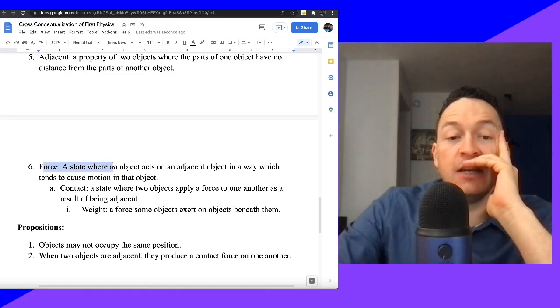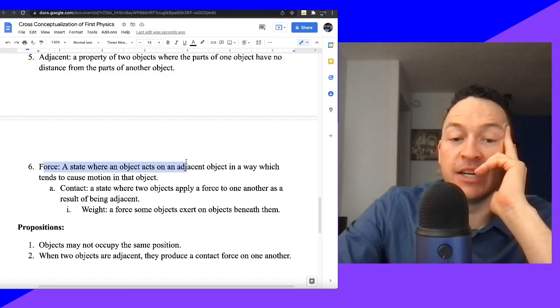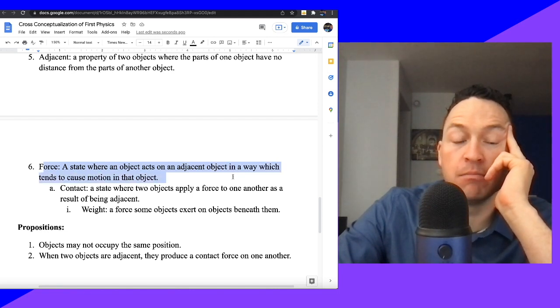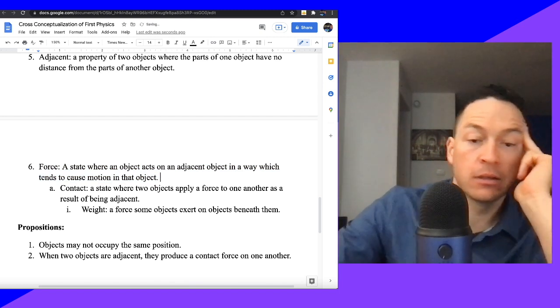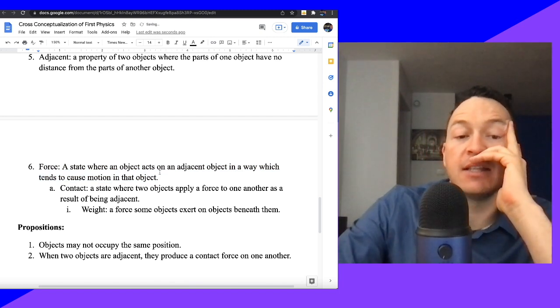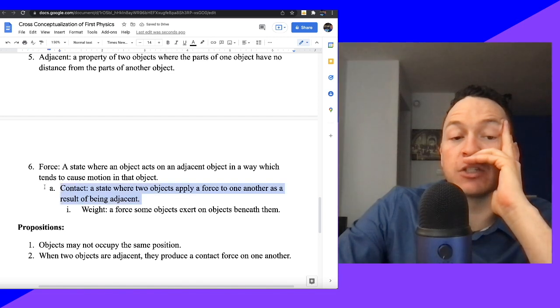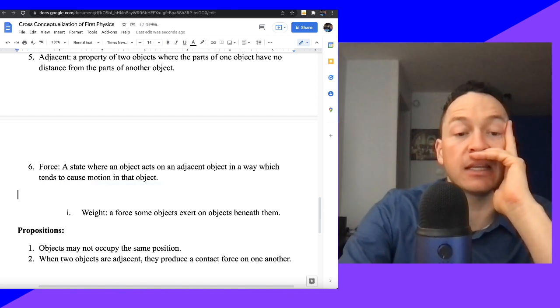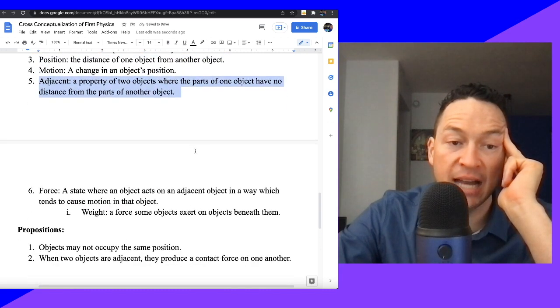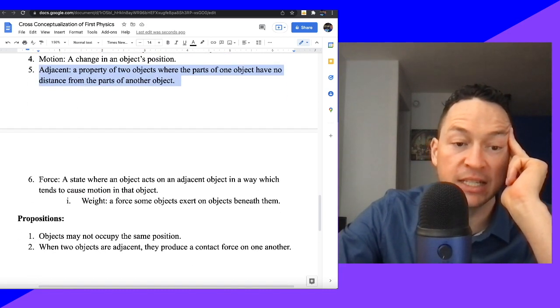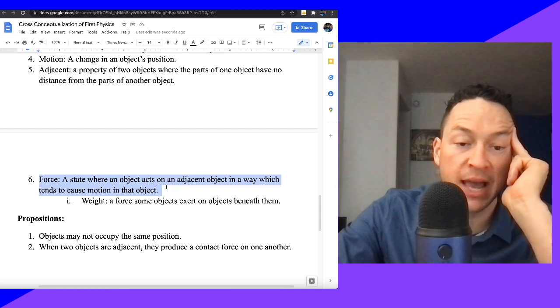Force: a state where an object acts on an adjacent object in a way which tends to cause motion in that object. So that allows me to just eliminate the concept of contact. Everything we need from contact is just inherent in adjacent and force. That's Rand's razored away.